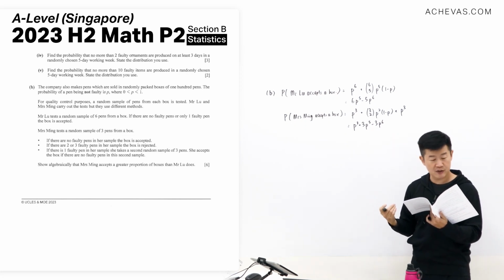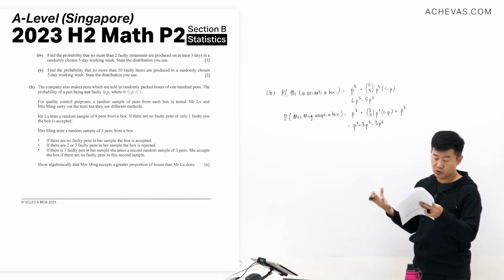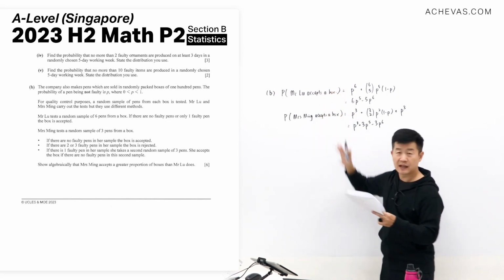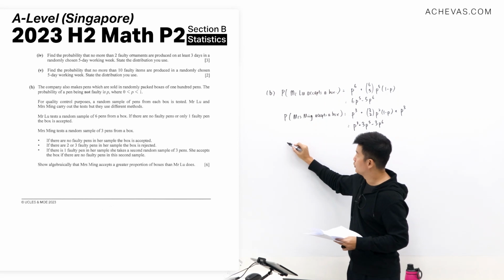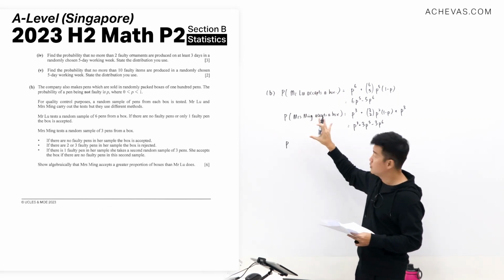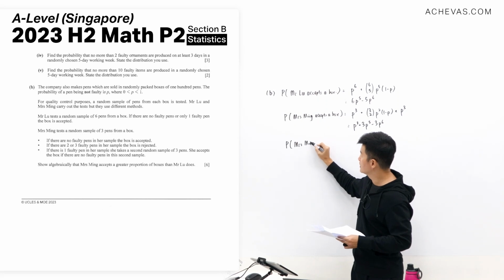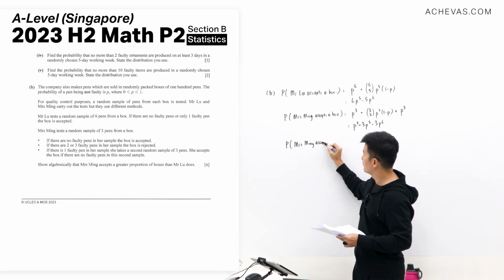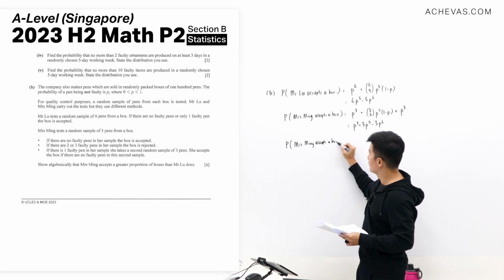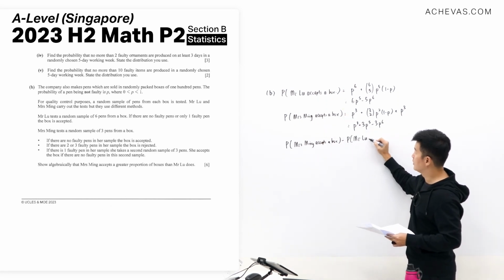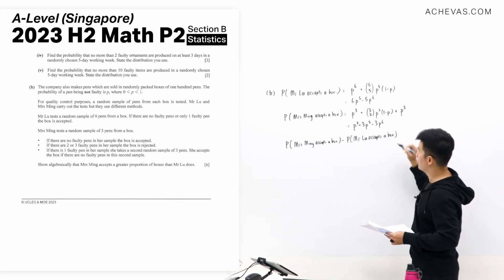And in order for me to try to show algebraically that this probability is greater than this probability, what I'm going to try to do is to find the difference between them. Specifically, I'm going to take this probability minus away the probability that Mr. Lu accepts a box.